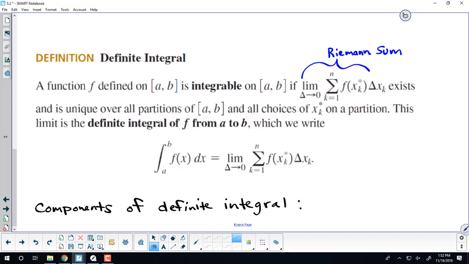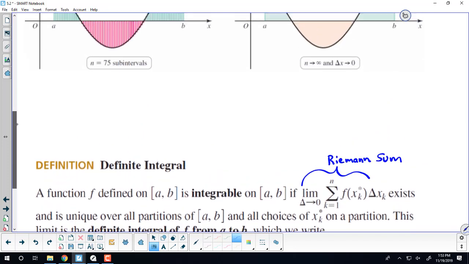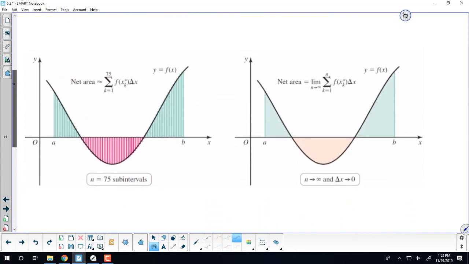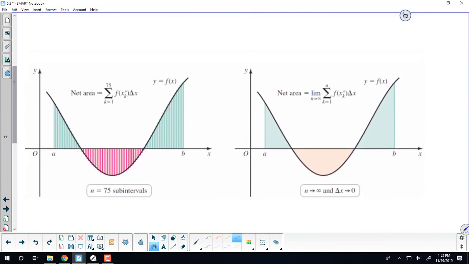So when we write this out, okay, let's back up. They define this in terms of delta approaching 0. We defined it in terms of n approaching infinity. It's exactly the same thing, and we can see that here. If I fill this region up on the right with infinitely many rectangles, what's the width of each rectangle going to be?